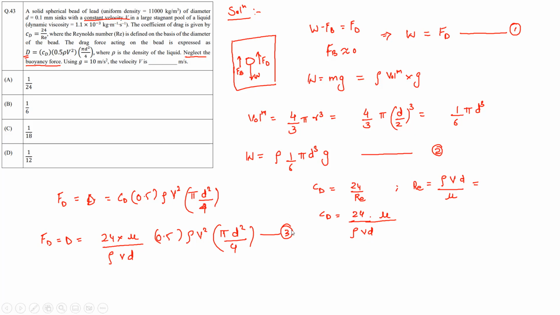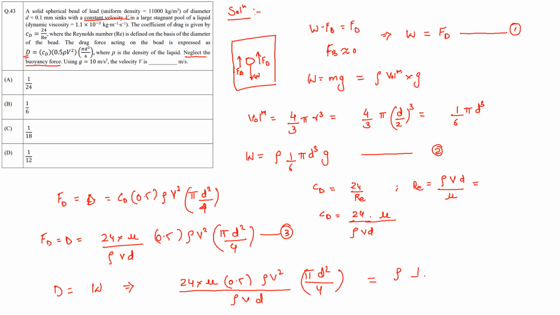Now we can take equations 1, 2 and 3 together and say that D is equal to W, which implies that 24 times mu over rho V D times 0.5 rho V square pi D square over 4 is equal to rho times 1 by 6 pi D cube times g.